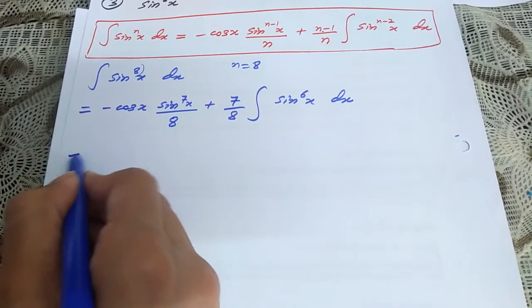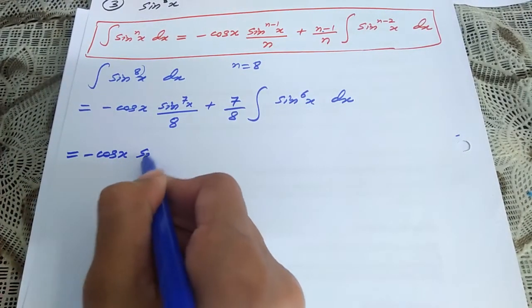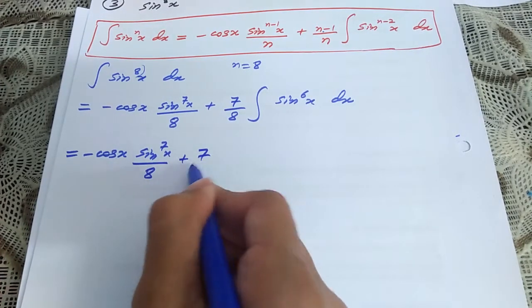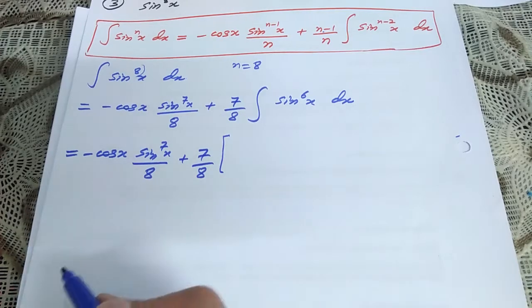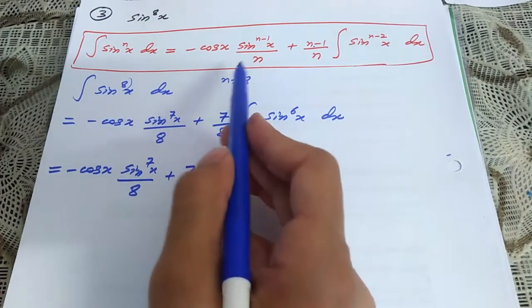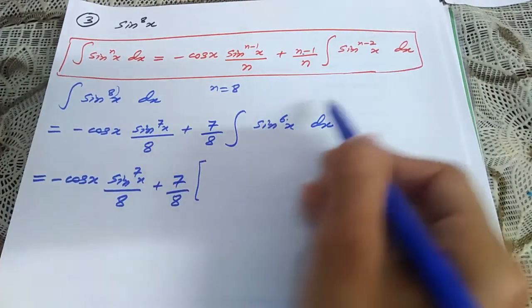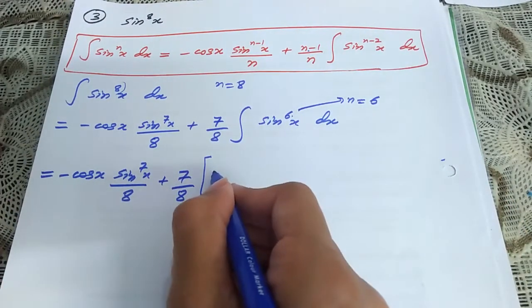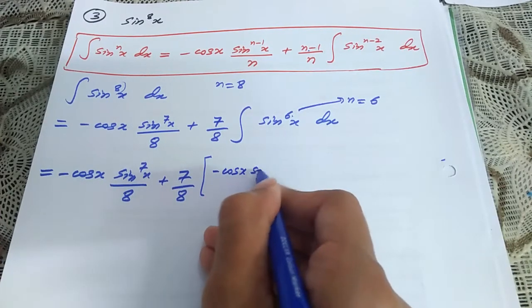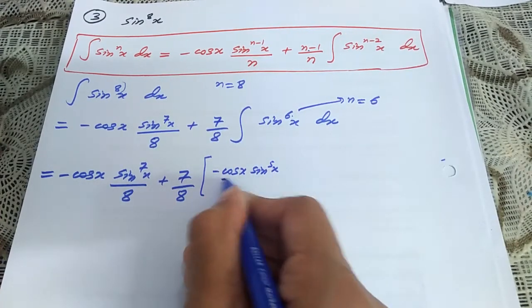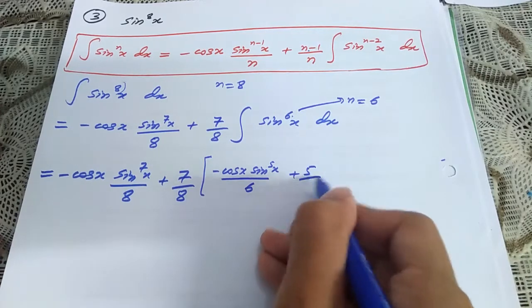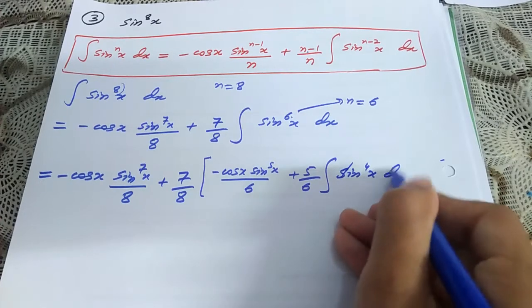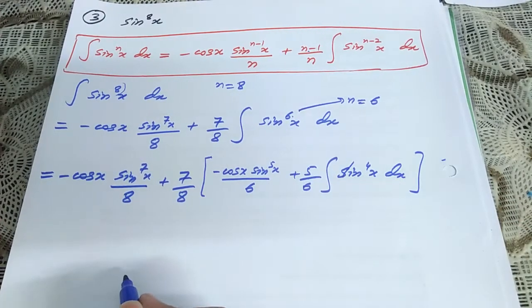Now it will be minus cos of x sine 7x over 8 plus 7 over 8 and this bracket. Again use the same reduction formula here, put n is equals to 6 here. We will get minus cos of x sine 5 of x over 6 plus 5 over 6 integration sine 4 of x dx and this bracket close.